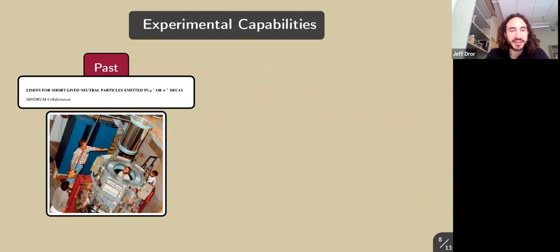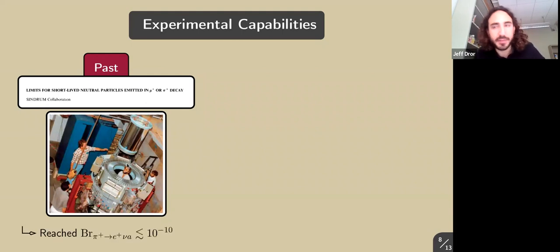They are sitting inside their experiment, and there's a beam that goes inside this big magnet here, trying to look for decays of those particles. This was happening all the way back in the 80s, so it's quite an old experiment by my standards. But even still, they were able to reach branching ratios of about 10 to the minus 10. Just really spectacular measurements that were done about 40 years ago.